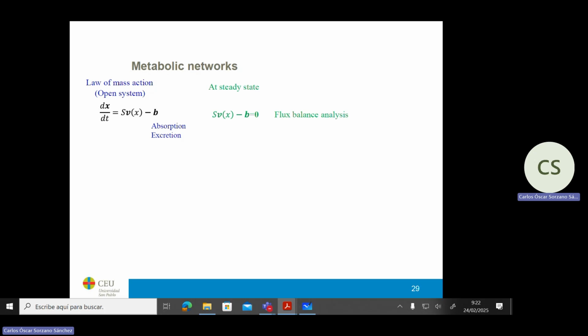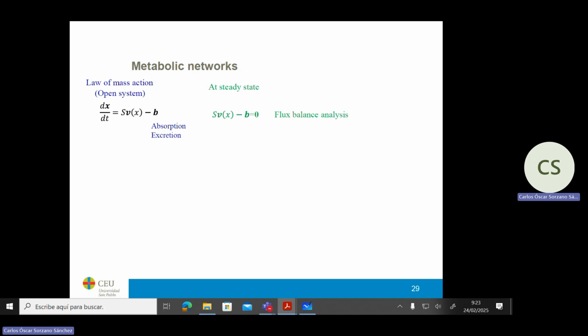So now the new term that appears is this one. With a closed system, it is this. With an open system, now you're communicating with the exterior. And this differential equation tells you how the system will evolve over time.